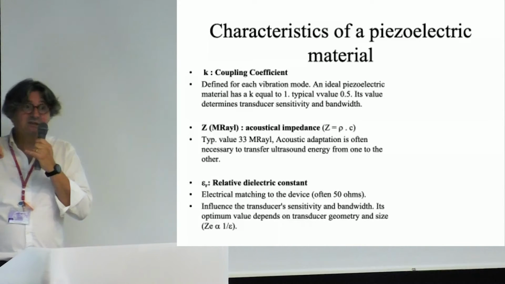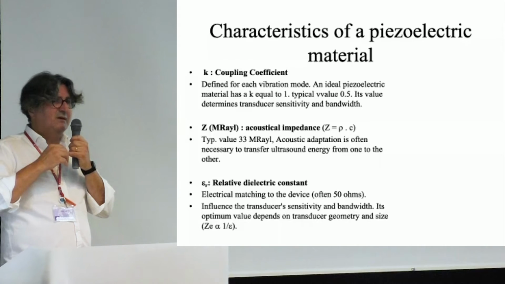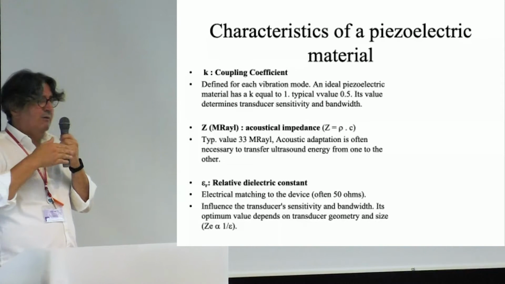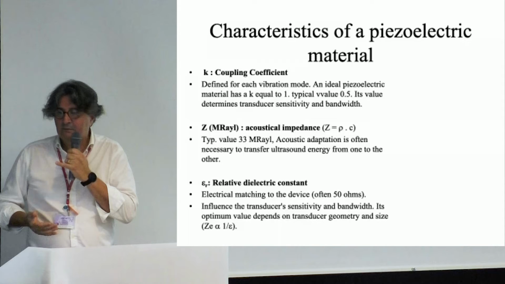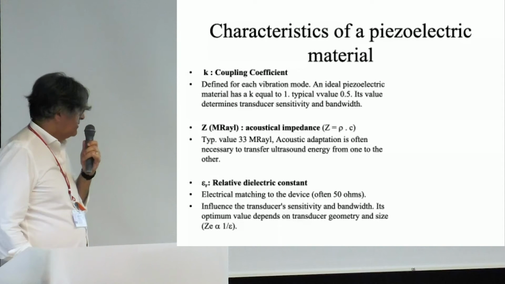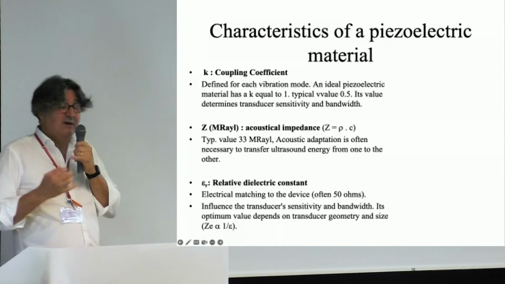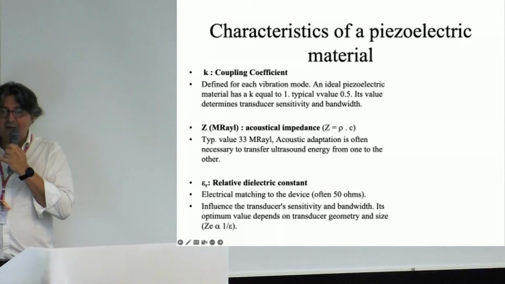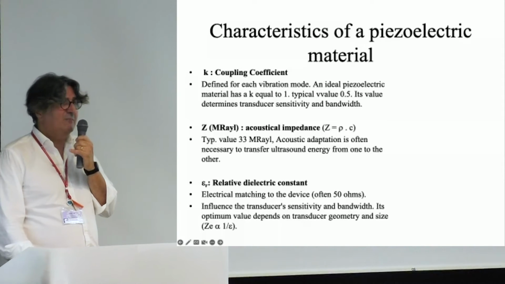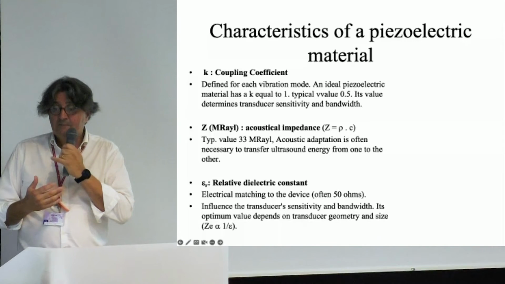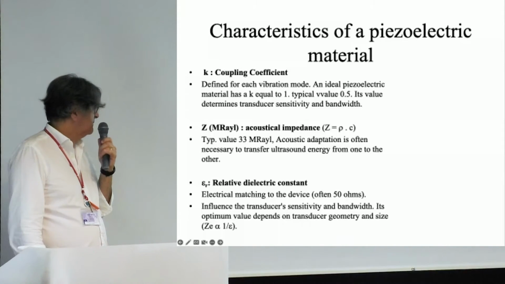And the bandwidth of the transducer is, more or less, the pulse duration, which will give information on the axial resolution. And so what you have to remember is that the input electric impedance of a transducer is proportional to the inverse of the dielectric constant.